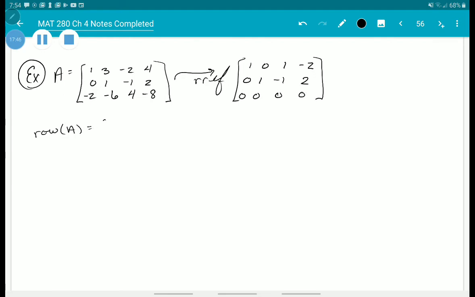So the row space of A ends up being these two vectors. Now let's talk about the null space.